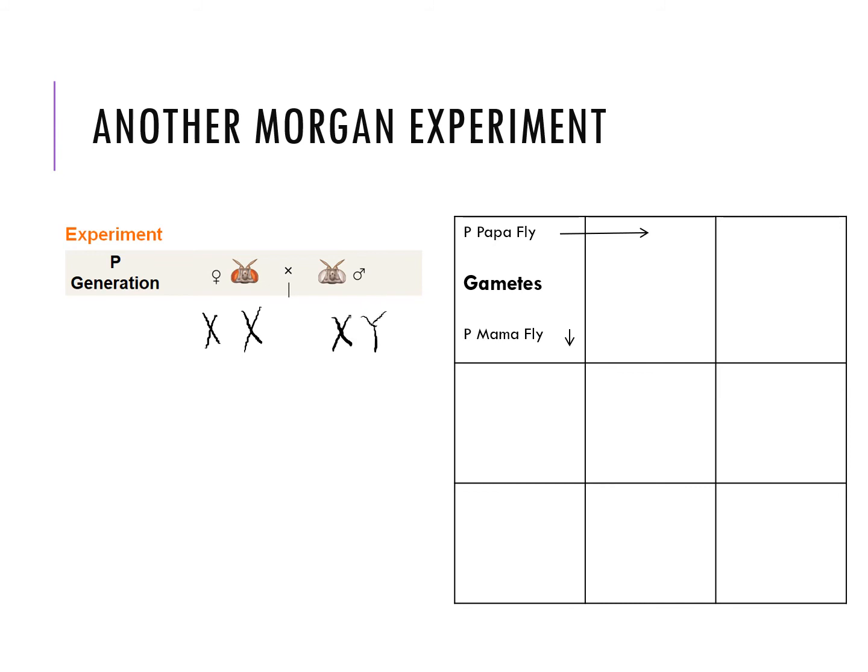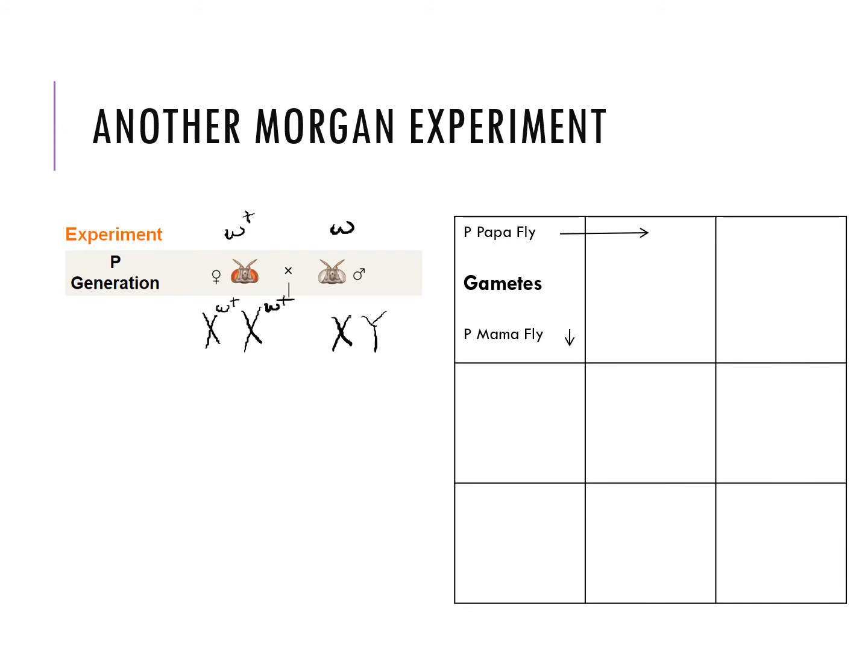Now the normal configuration is to have red eyes, right? So the wild type allele, which I'm going to assign W, would be red eyes, whereas the mutant would be white eyes. So our female here, since this is the P generation, has to be homozygous, so she is XW+ XW+.